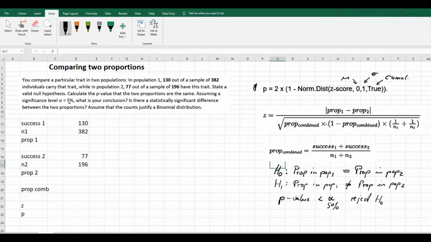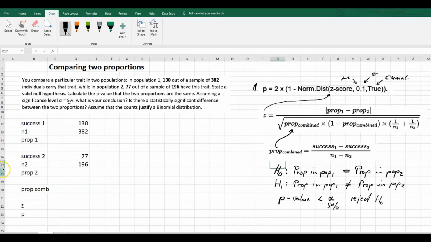So that is our equation for the p-value. Now we need to calculate the z-score, and in order to do that we need to calculate the proportions and a combined proportion, and the combined proportion can be done with this particular equation.